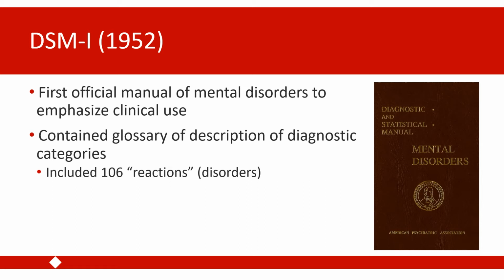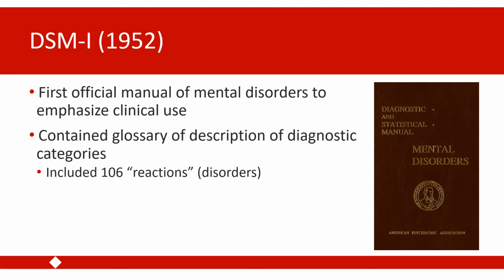These disorders were called reactions, and this reflects a very psychodynamic orientation. Characteristic at the time, many clinicians were guided by a psychodynamic perspective that grew out of Freud and related theorists' work. So the DSM-I, our first diagnostic and statistical manual, is really grounded in that psychodynamic approach.